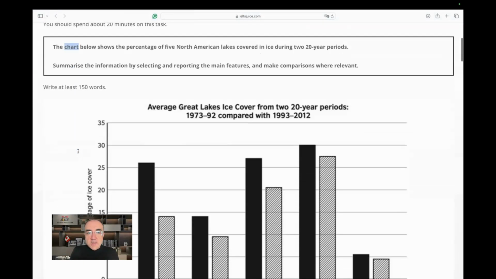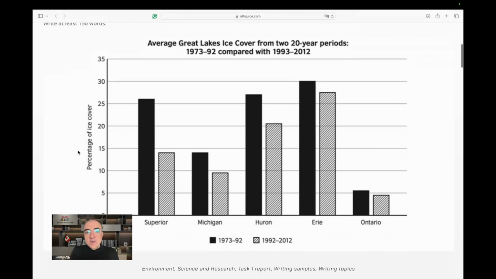As I can see here, it's a bar chart. We need to reflect on it. We need to show IELTS that we understand what type of graph it is. So make sure you also include that in your response.